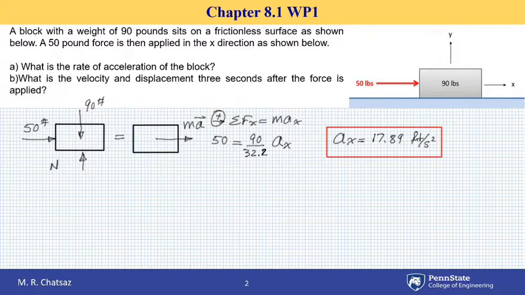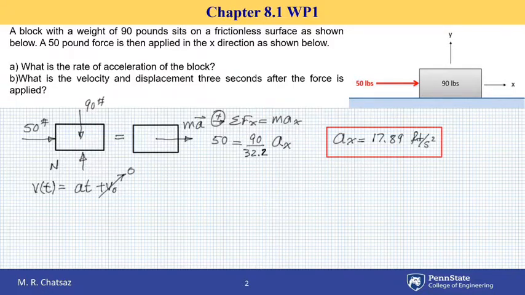As far as part B is concerned, we're interested in velocity of the block. Recall from kinematics that velocity as a function of time for the case of constant acceleration is at plus initial velocity.